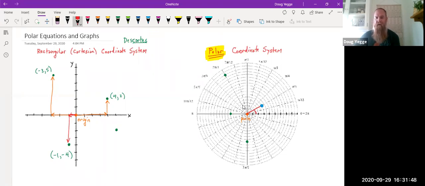So basically, if we know that this is the angle of 0, then in order to turn to this particular point, I'd have to go through a particular angle, and I'd have to travel out a certain distance. We refer to the angle as theta. We refer to the directed distance as r. And therefore, this point out here would be defined by (r, theta). So we always put our r value first and our theta value second.